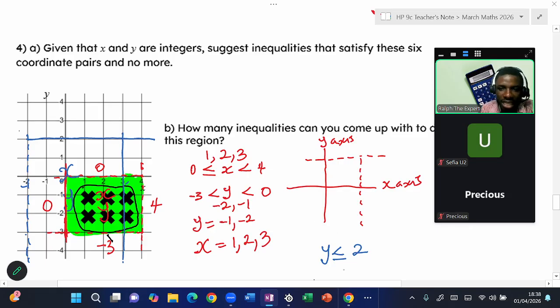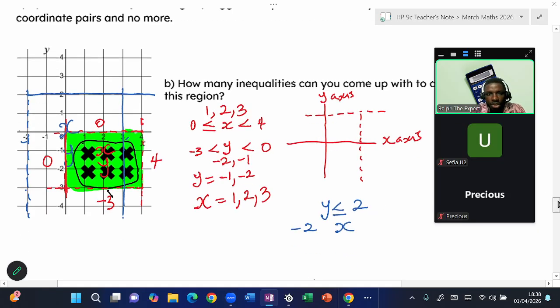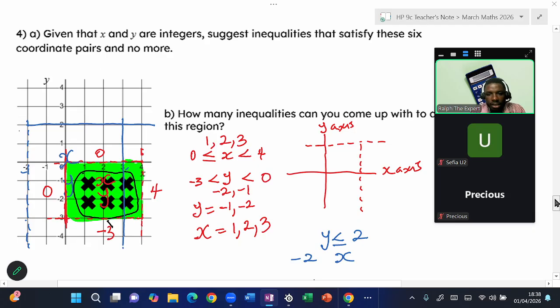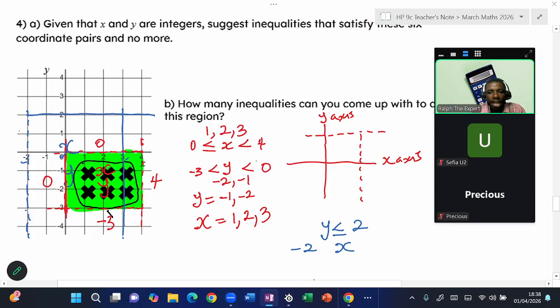Then when we have x, since we have 2 values of x, -2 and 3, we can say that the one at -2 is a broken line, and x is after -2.